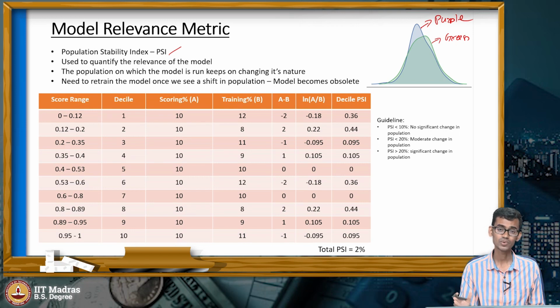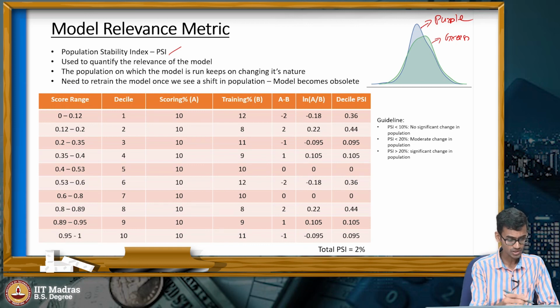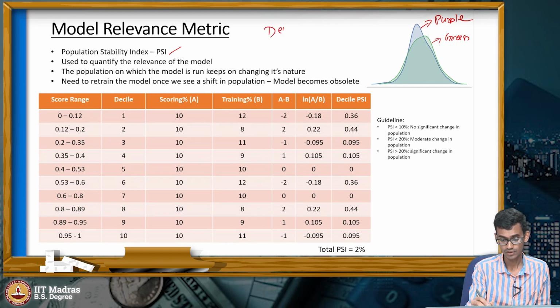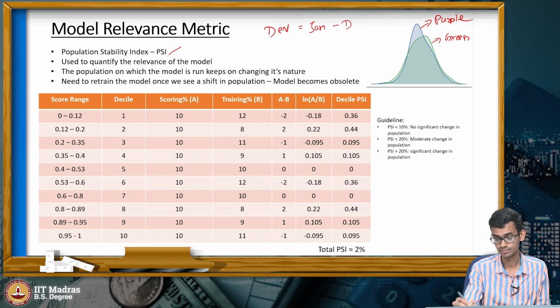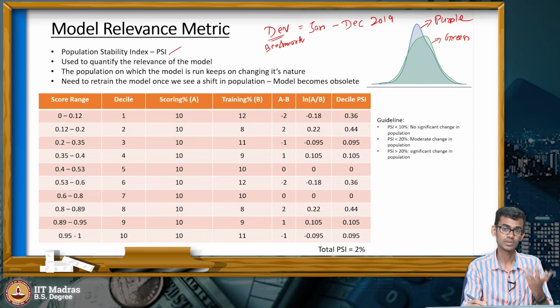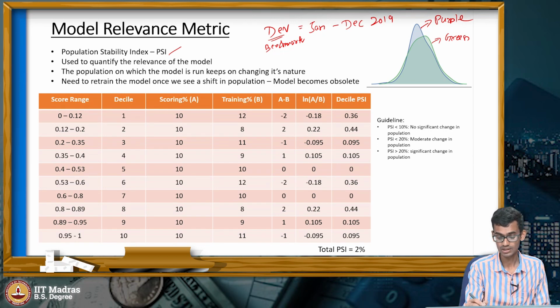Okay, so the way we compute PSI is pretty much straightforward and simple. I'll just walk you through an example of computing the population stability index. So first, for this example, let's take your development data as January to December 2019, and this serves as your benchmark, and the vintage for which you are testing, let's say that is going to be December 2020.